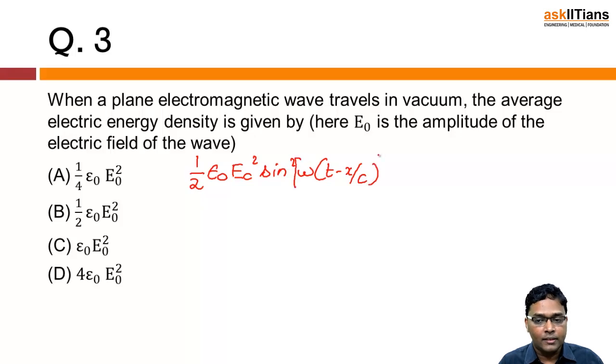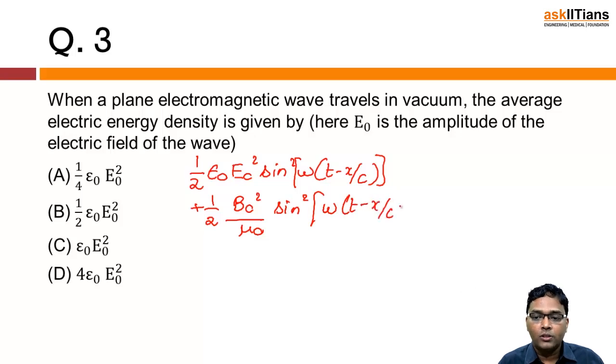So this is an expression that you get. Also you get an expression of half B naught square divided by mu naught sine square (omega t minus x by c).